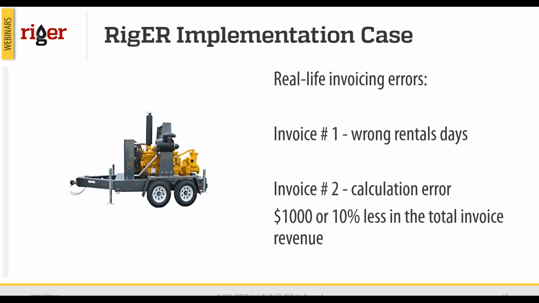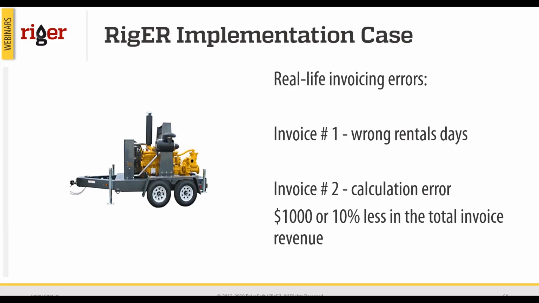It was just a manual error in the calculation, and it led to the rental fee being understated on the invoice. So it meant that the company lost some amount of money on just a simple error in the calculation of the rental days.